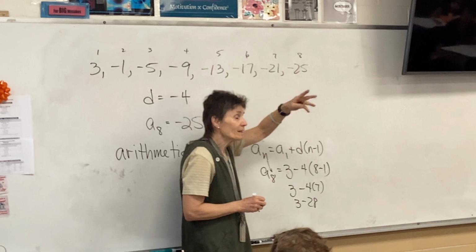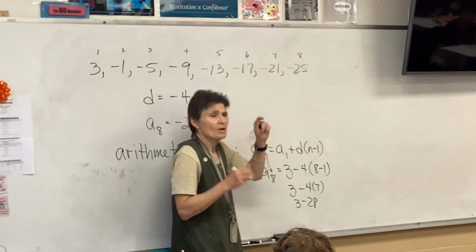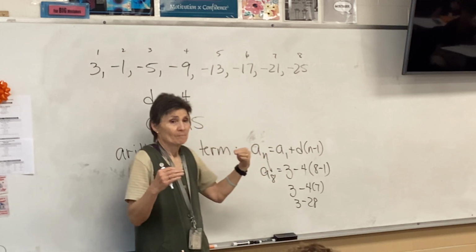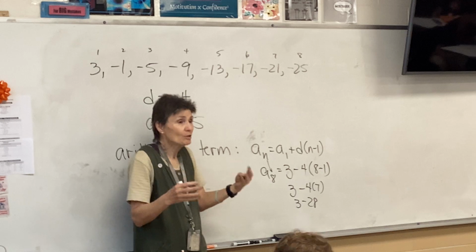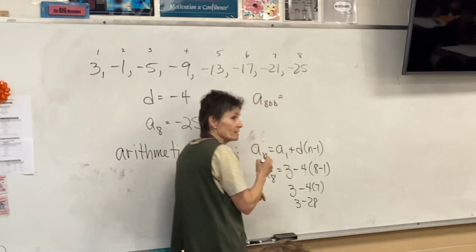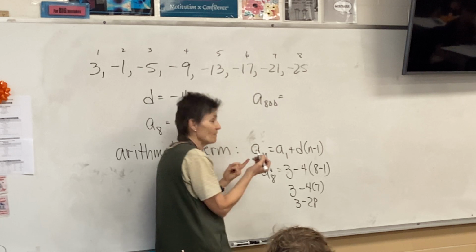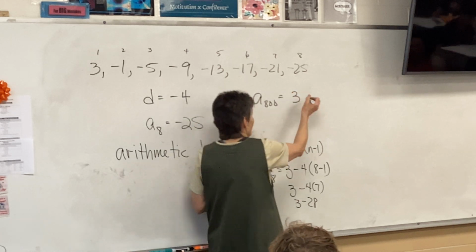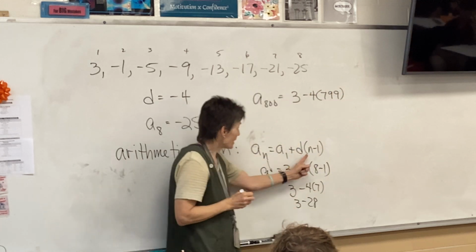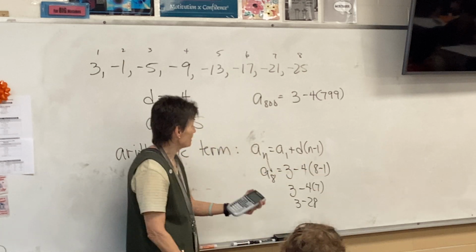Now, if you're only finding the 8th term of a simple little sequence, you might think it's easier just to work it all out, and I'm good with that. But what if I wanted the 800th term of this sequence? I can find it really fast. It's 3 minus 4 times 799, 800 minus 1, and then I can just type that into my calculator.